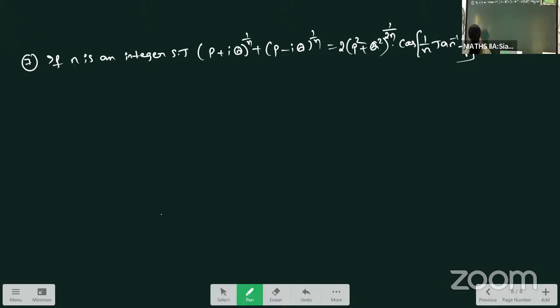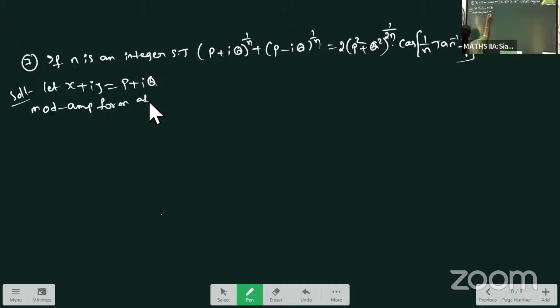Now the solution. Here, p plus iq whole power 1 by n. First we write the mod amplitude form of p plus iq. Let x plus iy be equal to p plus iq. Now we want the mod amplitude form of p plus iq, which is r into cos theta plus i sin theta.